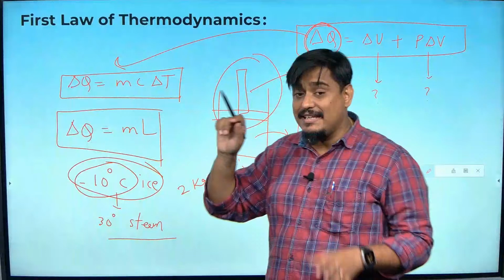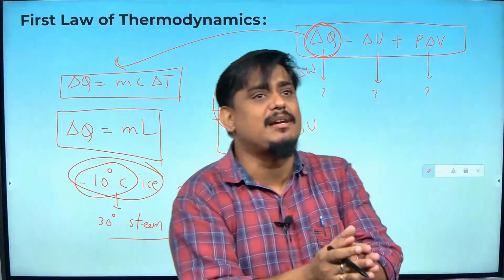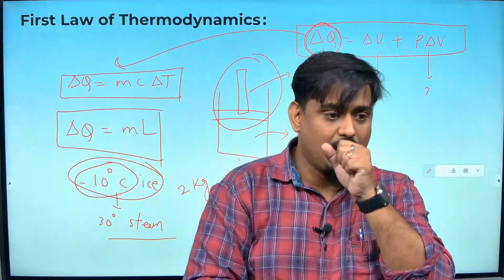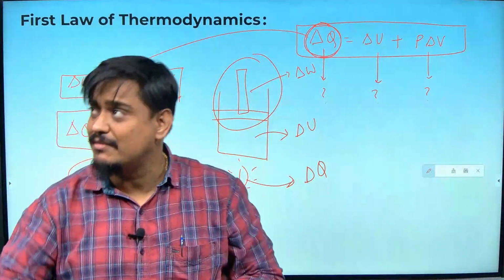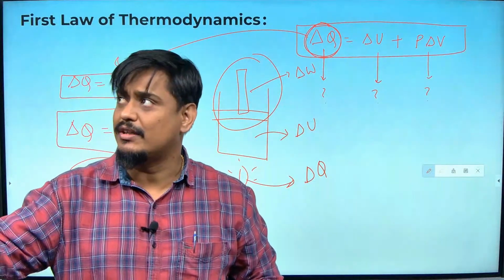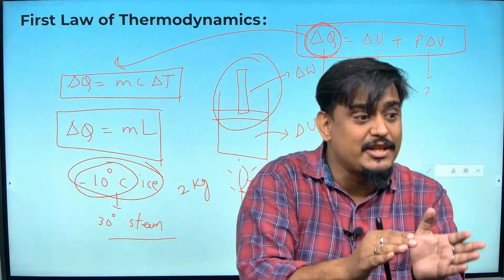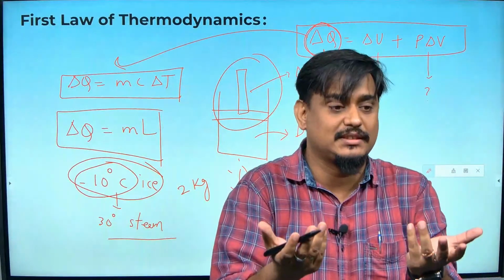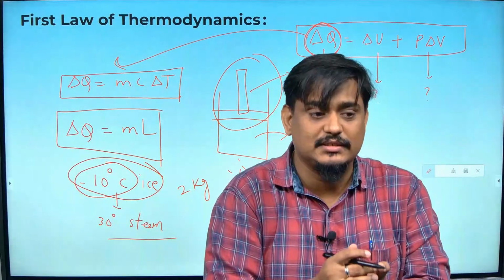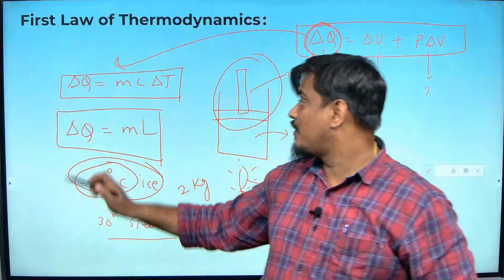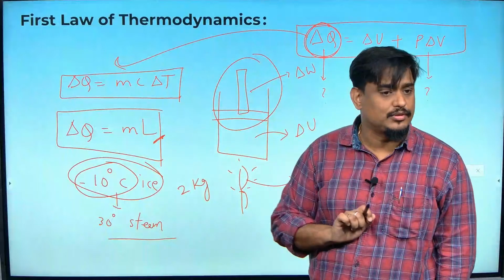Then 0 degree ice will become 0 degree water, am I right? That 0 degree ice becoming 0 degree water is what process? Latent heat. So which formula will you use? ml you will use.